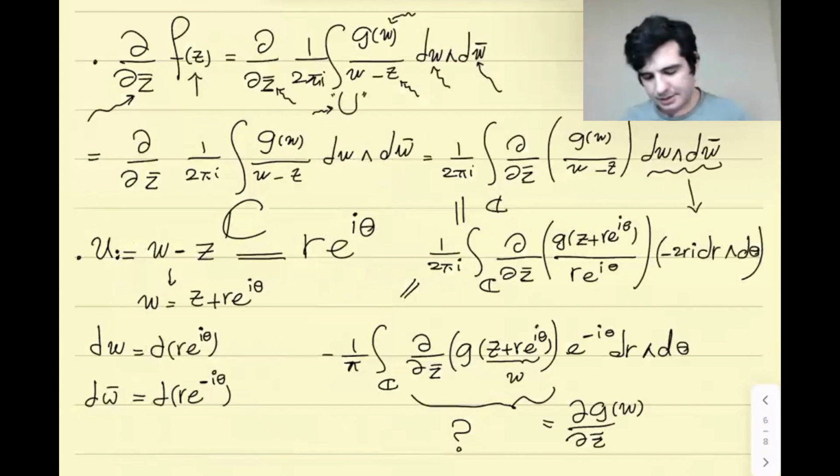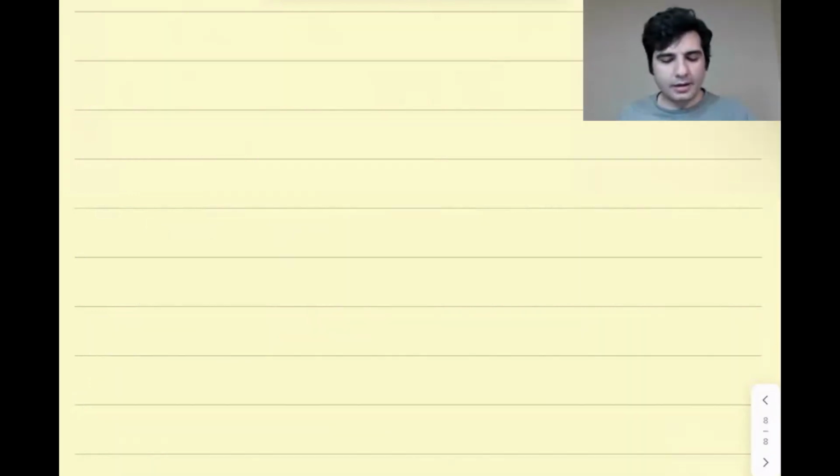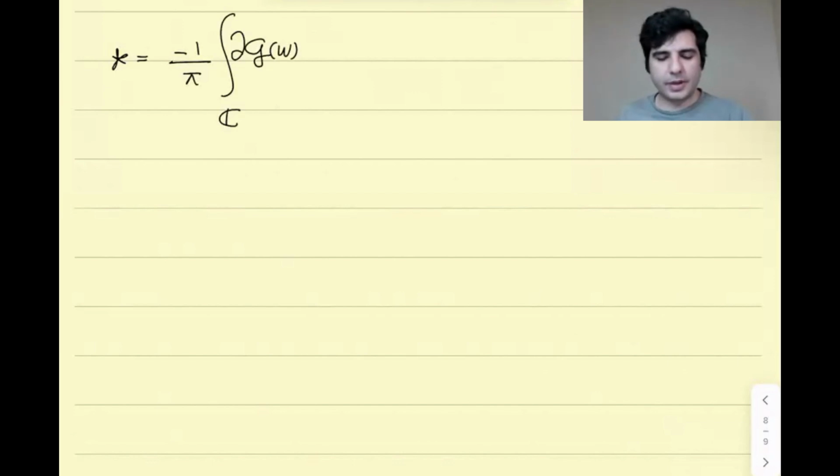So going back, the whole thing is equal to derivative of g with respect to w bar. Let's call the whole thing star. Now, star is equal to minus 1 over pi integral over C of derivative of g with respect to w bar, and then we have e to the minus I theta dr d theta.